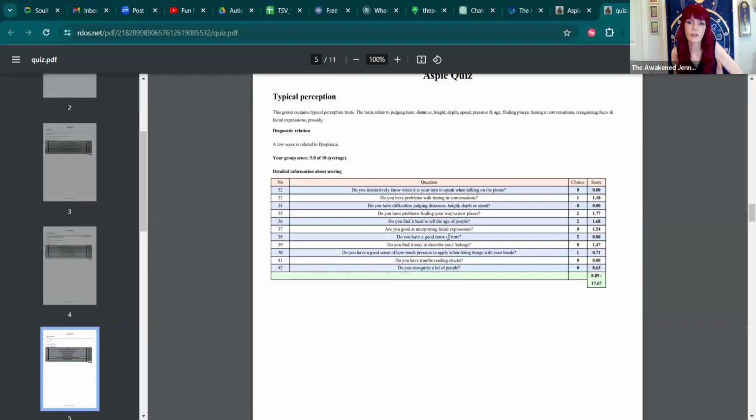Well, this is interesting because it actually breaks it down, and you can look at your results later and it shows you where you scored, like here's the typical perception. Do you instinctively know when it is your turn to speak when talking on the phone? I put 0. So typical would be the 2 probably.